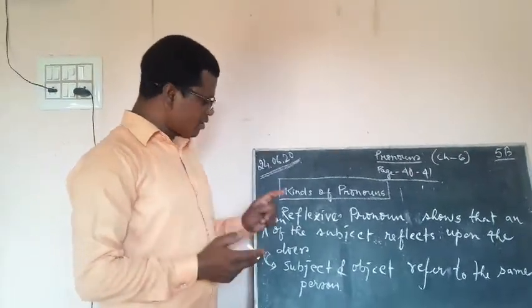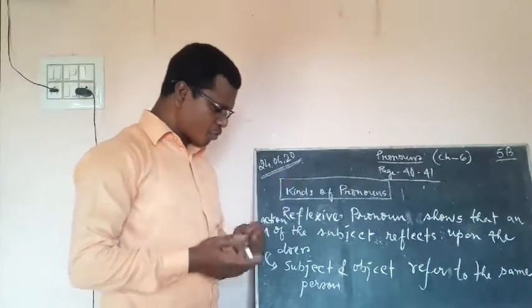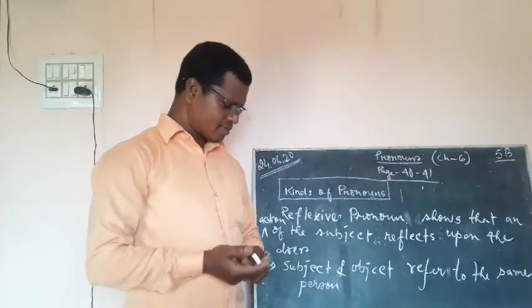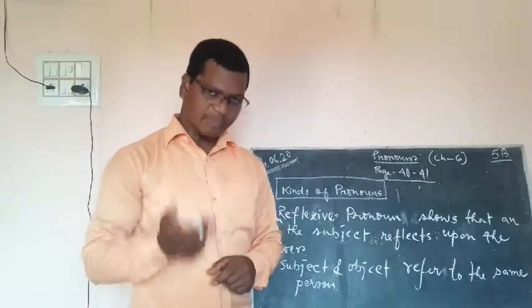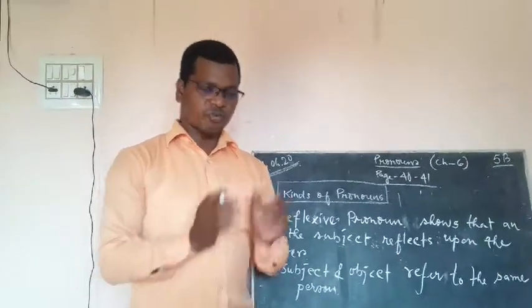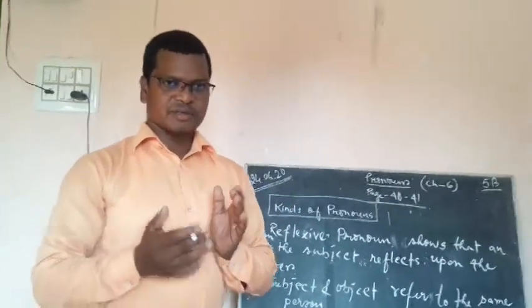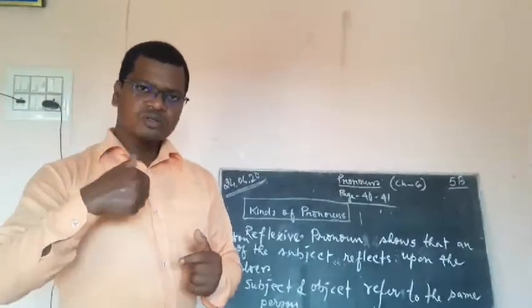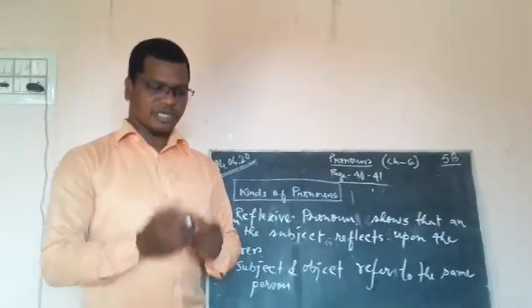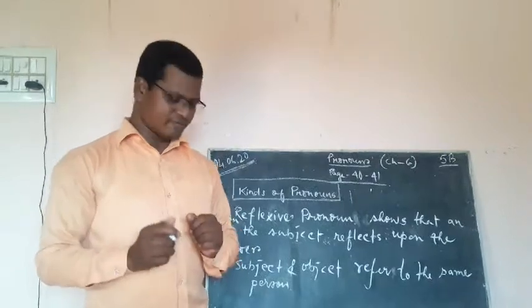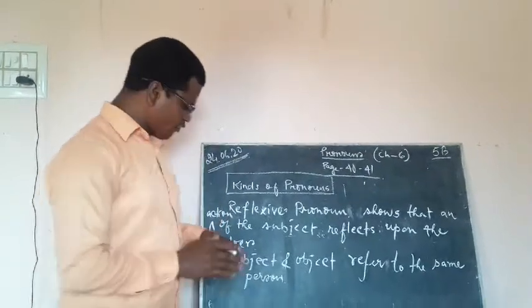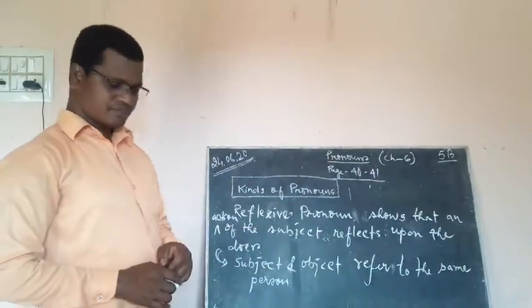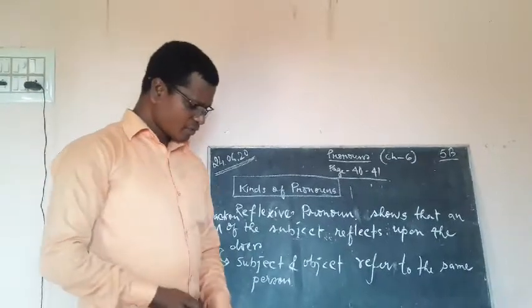This reflexive pronoun is used when something does something to itself. So when something does to itself only, that time we use a reflexive pronoun. Hope I have made it clear to you.